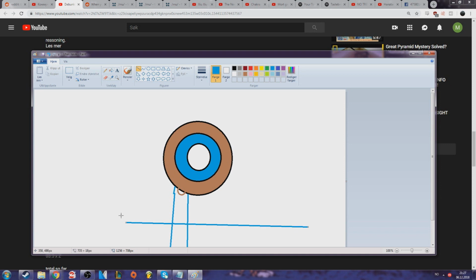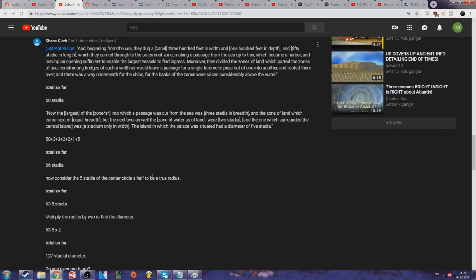You can say the ocean is down here. That's 50 stadia in length. And as you can notice, this length doesn't actually help us with this diameter at all. But you know what? We can be really cool and pretend that, yeah, it does add up. It perfectly makes sense for that to be part of the diameter math. Then we can continue here.